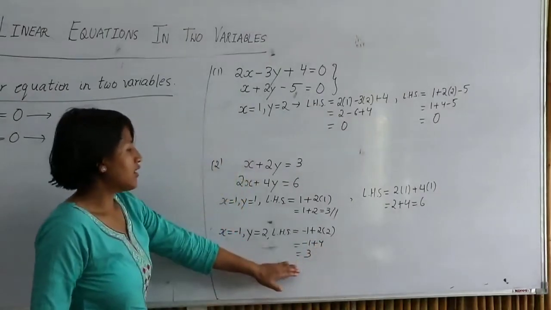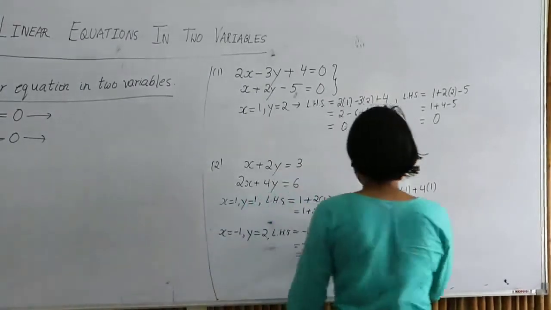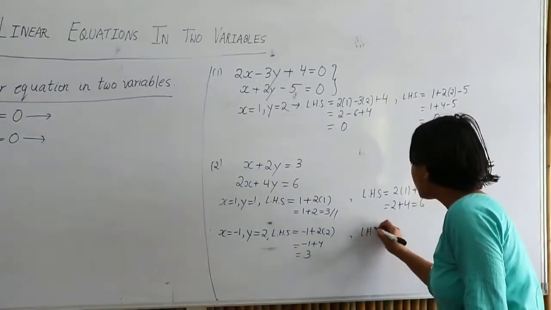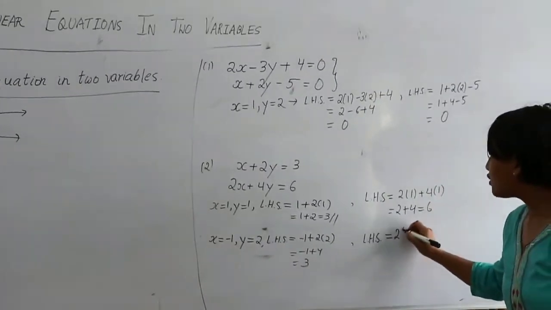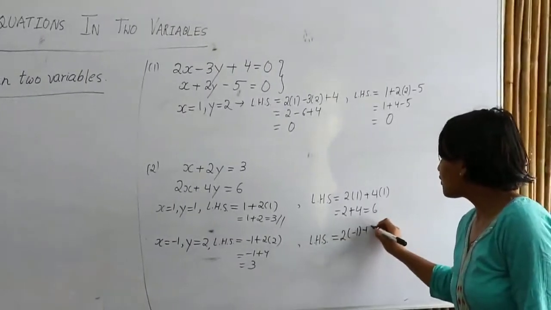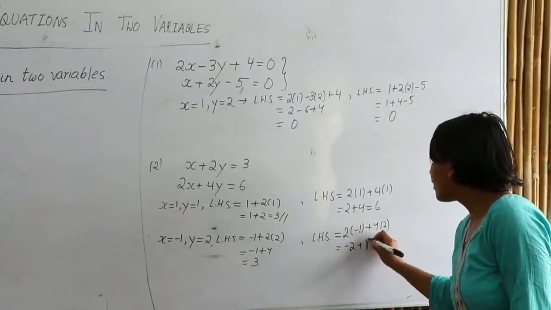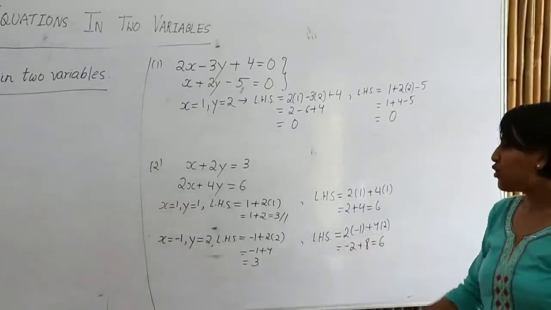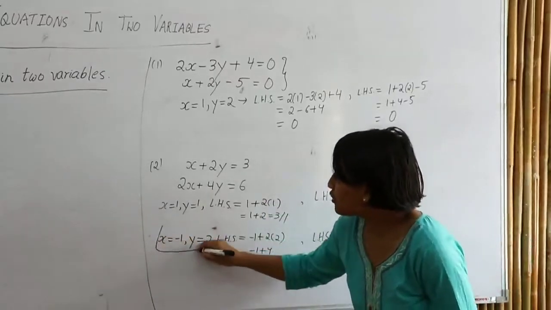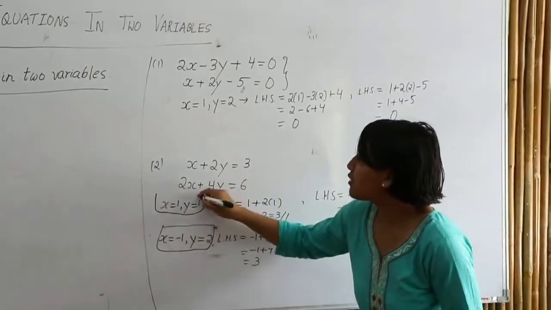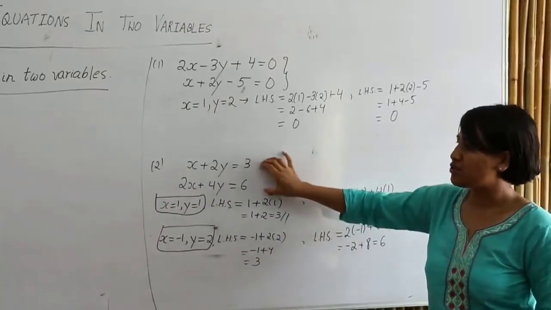So I get this to be a solution of this. Let's check whether or not it will be a solution for the second equation. So you put 2 into minus 1 plus 4 into 2, you will get 6. So it satisfies both the equations. So we can conclude that being common solutions, they are solutions of these two equations.